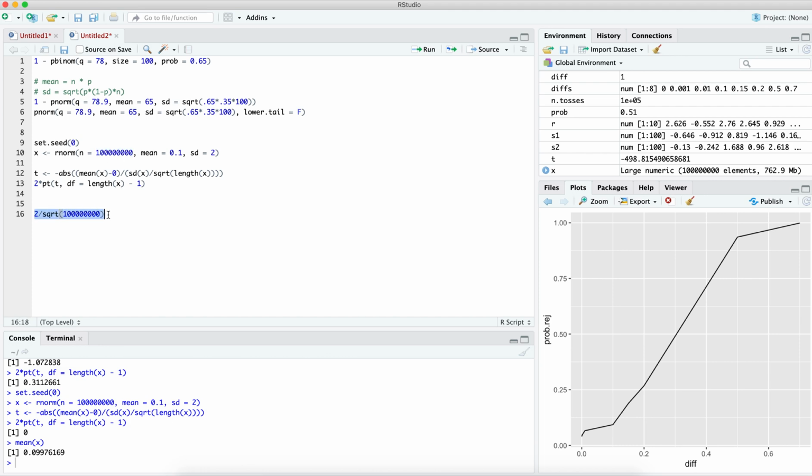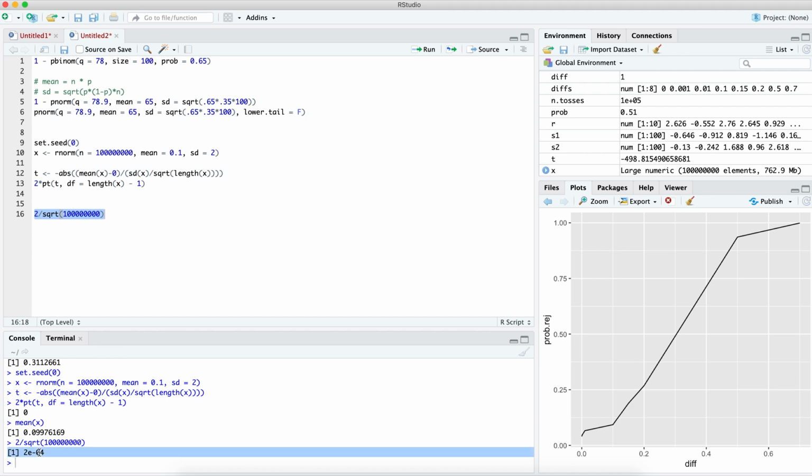This is a measure of how much the sample mean is going to vary, and it's not very much at all. So you'd expect some deviations from 0.1, but not more than 3 times this much. And 3 times this much is not close to 0 if you go away from 0.1. So that's why the t-test is really sure that the mean is not 0.